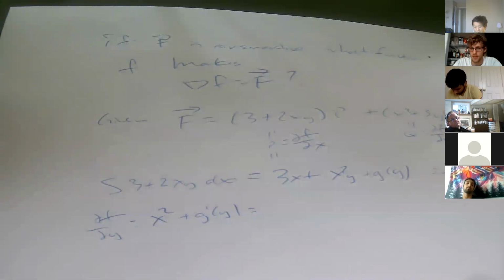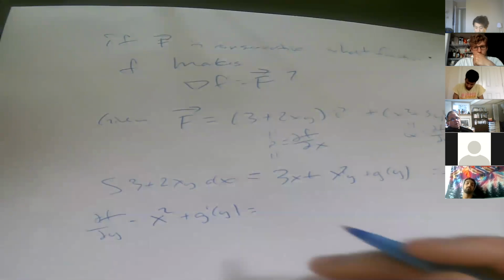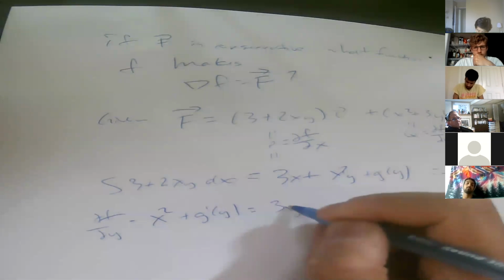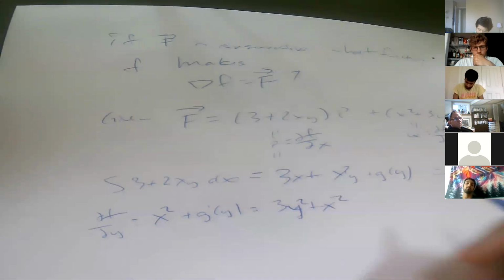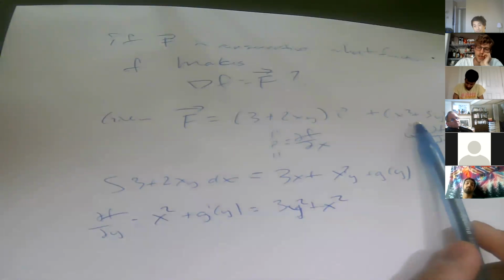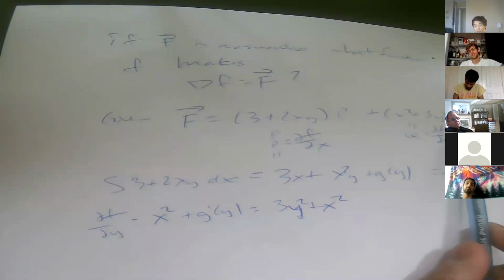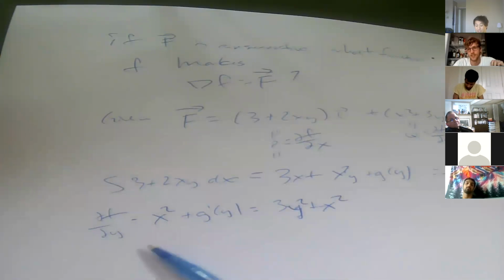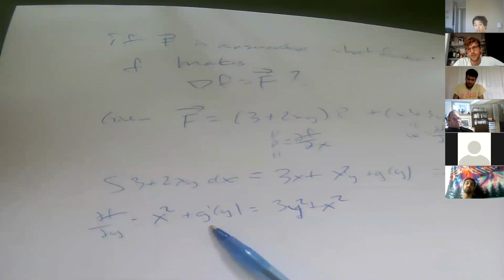Okay, so tell me what's supposed to be on this other side of the equal sign here. Q is the derivative of F with respect to y, right? Q is the derivative of F with respect to y, and this is the derivative of F with respect to y.